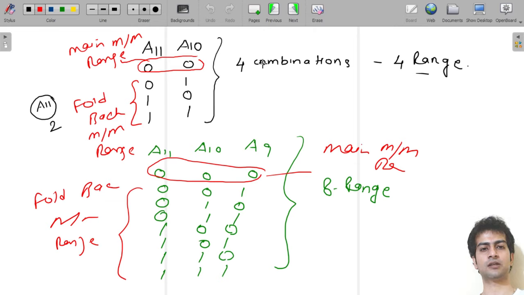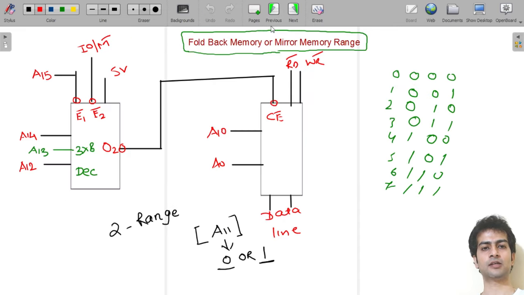If the question asks what the main memory range is, then the first combination will be the main memory range. And if the question asks what the foldback memory range is, then the remaining ones will be the foldback memory range. So I think this concept is clear. It is a very important concept from the GATE point of view. Generally, they tend to give questions on this, and in that case you will get more than one memory range. I hope this is clear to you.